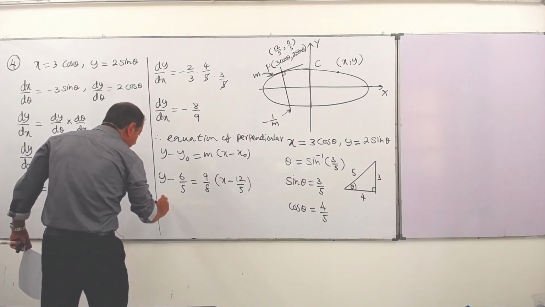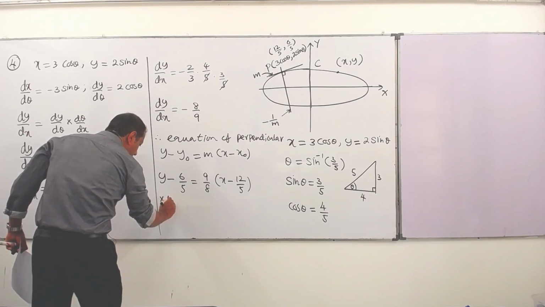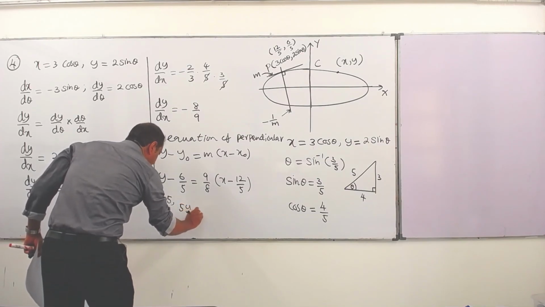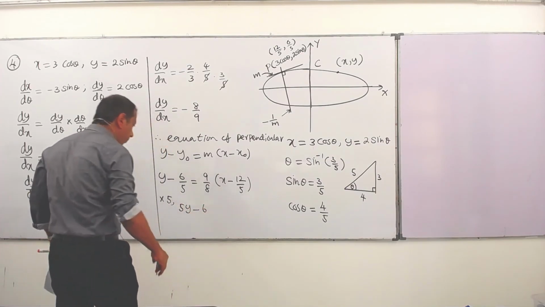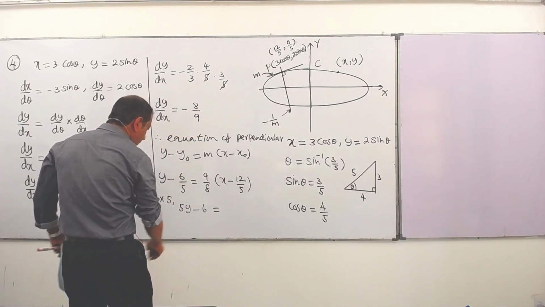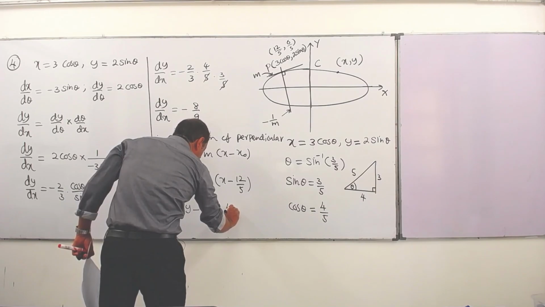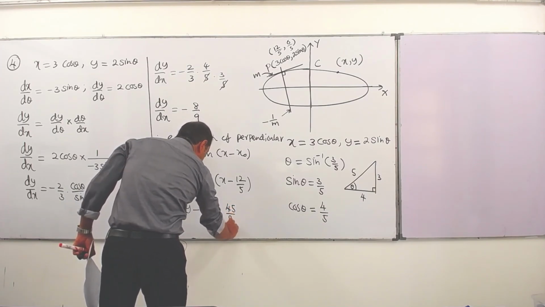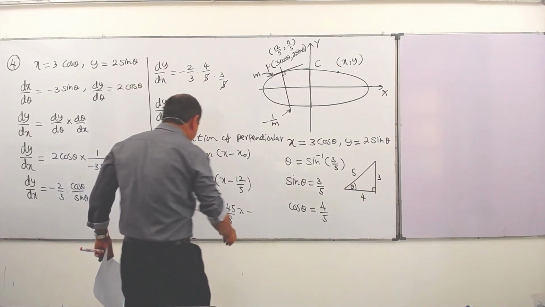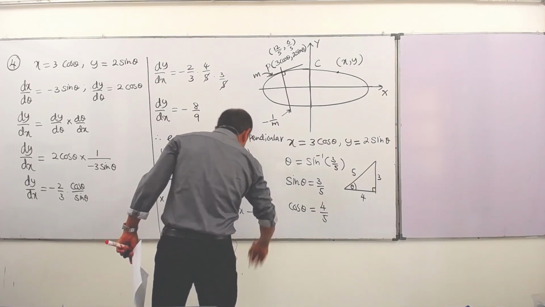First we multiply this by 5. We get 5y minus 6, and multiplying by 5 gives 45 divided by 8 times x, and here 9 over 8 into 12.